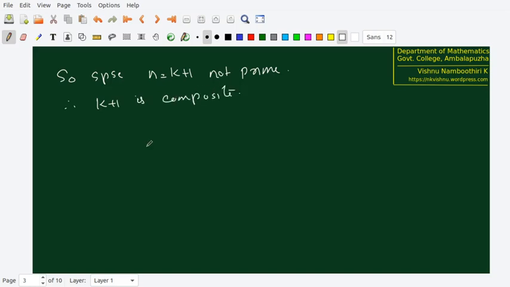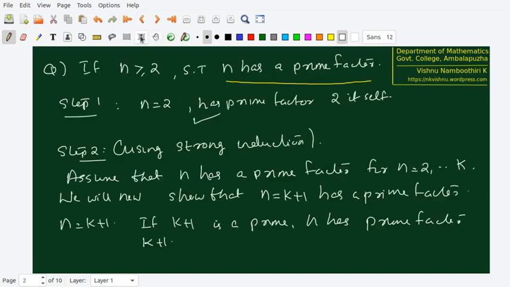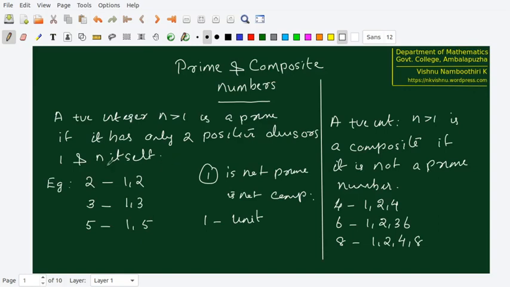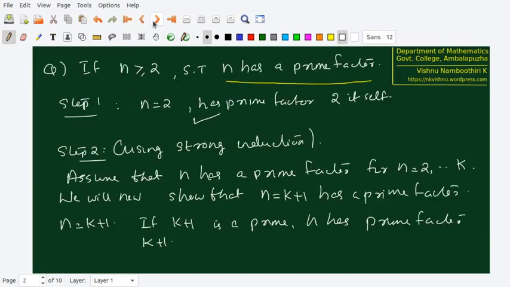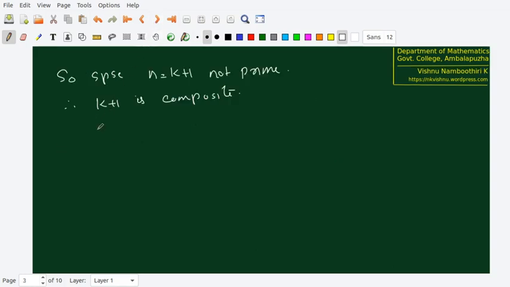So what is the property of a prime number? A prime number has the property that it has exactly two divisors, 1 and n itself. Every positive divisor of a positive number must be less than or equal to that number. So k plus 1 is a composite number, means that it has some other factor other than 1 and k plus 1 itself.